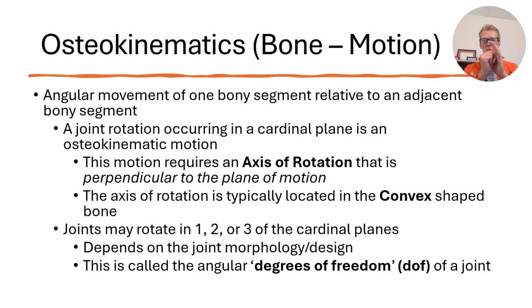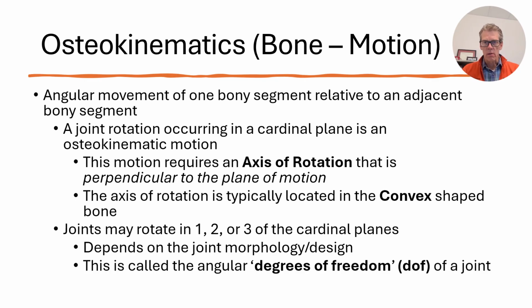So when we've got joint motion, we typically have a concave surface and a convex surface, or a rounded surface. And the axis of rotation is usually through the convex shaped bone. We'll start to draw some pictures of these motions, and that's one of the very first things you can do to help you understand how these systems are working, is to locate that axis in the right location.